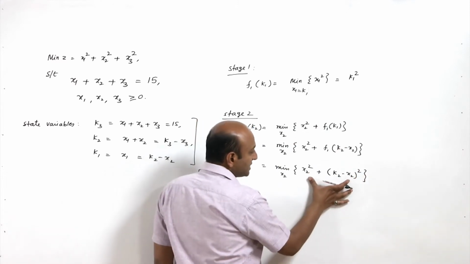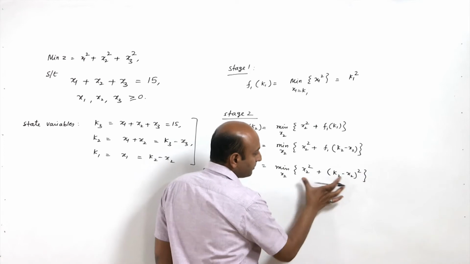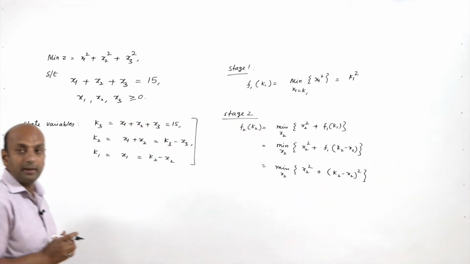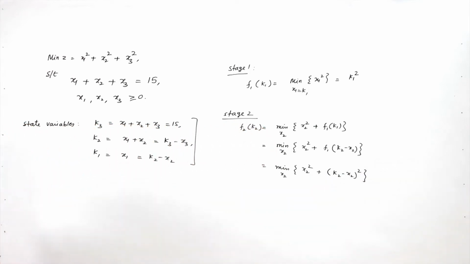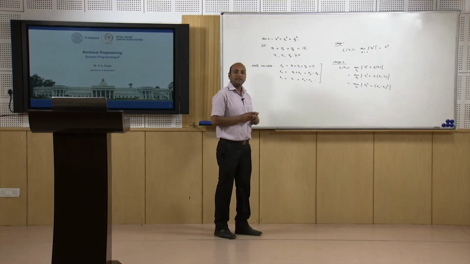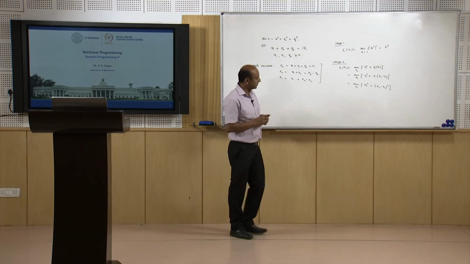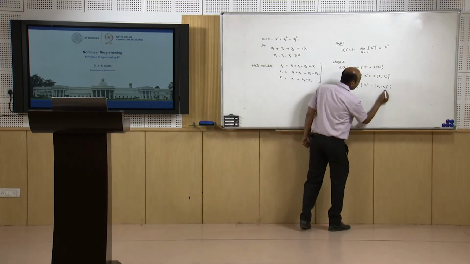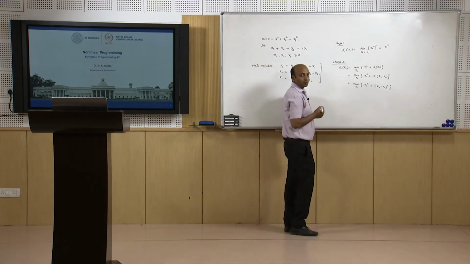Now we have to minimize this function, and it is of only one variable, x2, so we can use the concept of derivative. We simply differentiate this function and put it equal to 0.